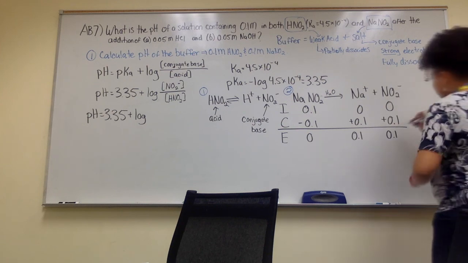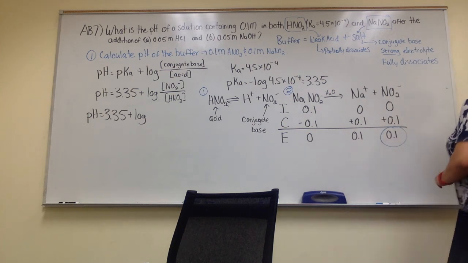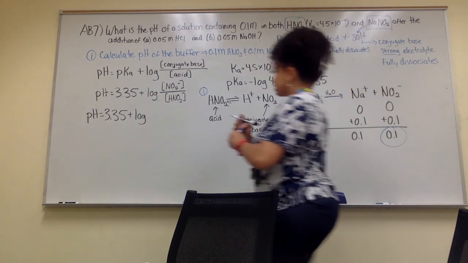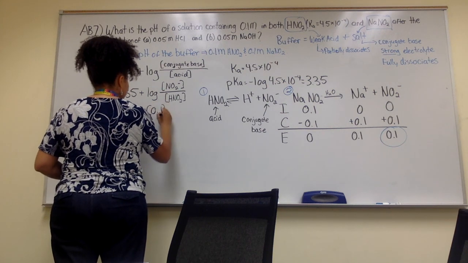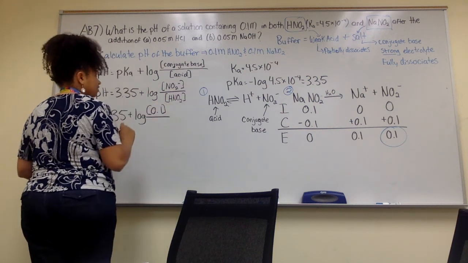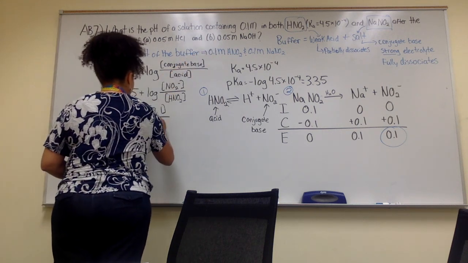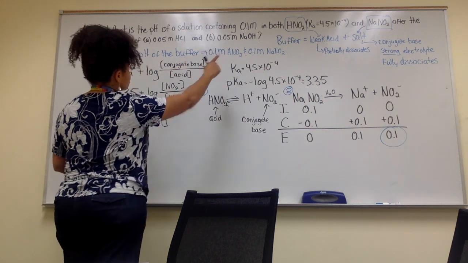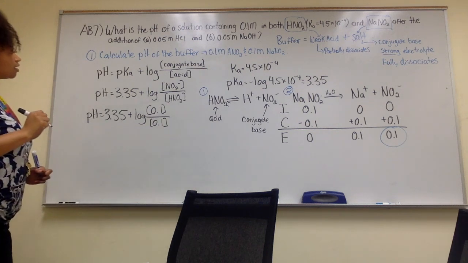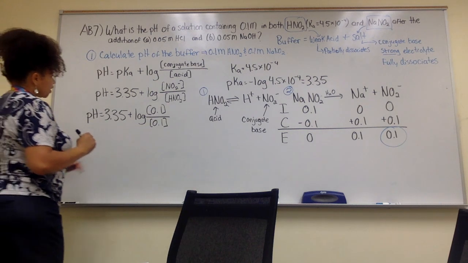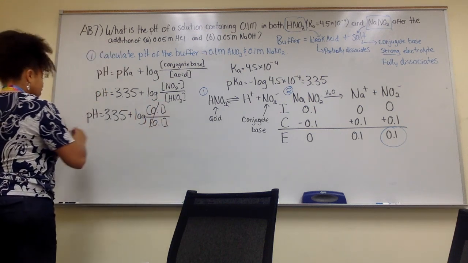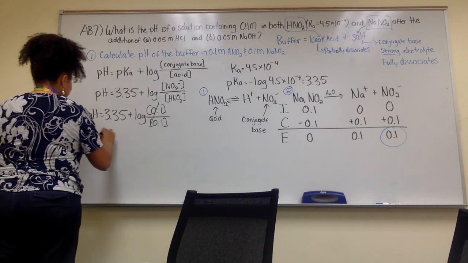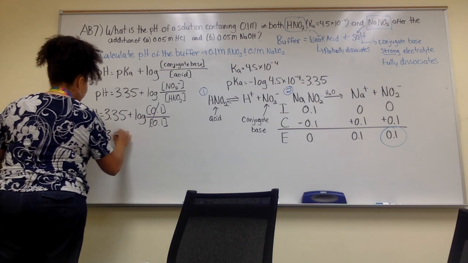So the concentration of conjugate base that we're starting with is 0.1, so we can insert 0.1 for the concentration of conjugate base. And we started with 0.1 molar for weak acid, so we end up with this equation. Now we see that these cancel out, and we end up with an initial pH of 3.35.